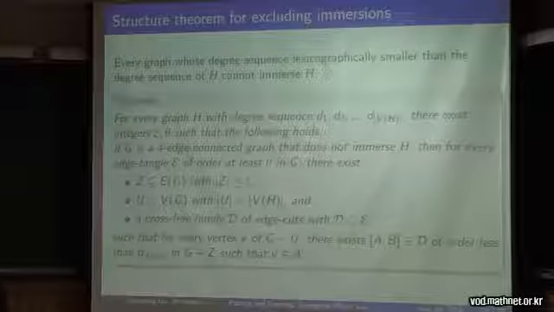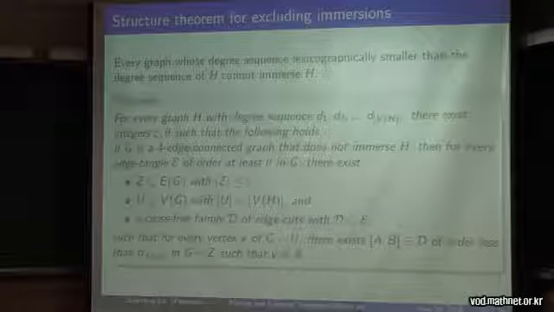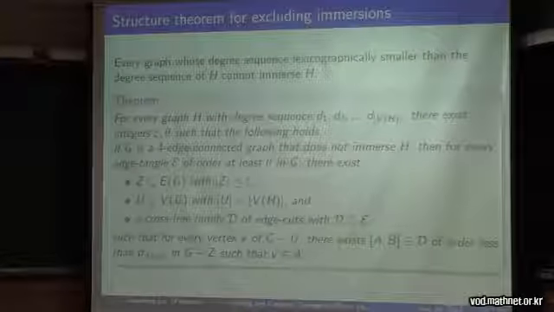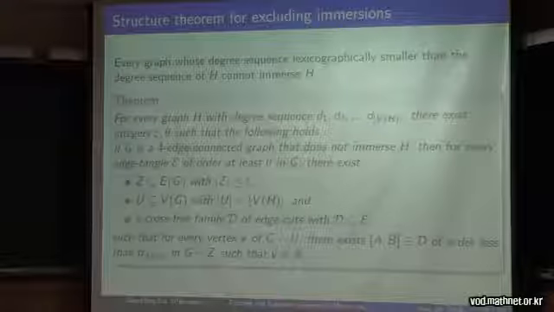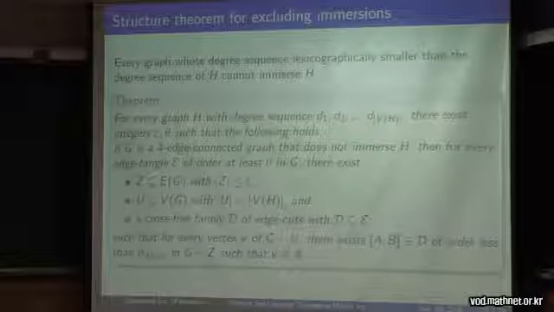Yeah, no immersion yet. But if G has this property, it must have no H immersion. I mean, if G has no H immersion, then you can do it this way; otherwise, you have nothing to do. But you can see that this new graph cannot immerse H if I contract this small side of each H-cut.